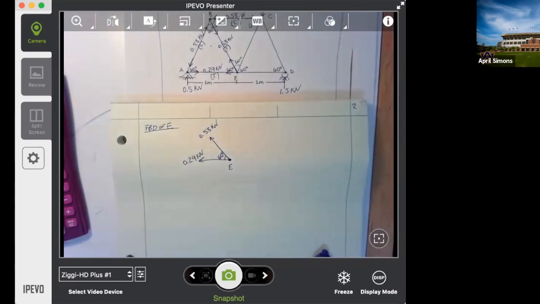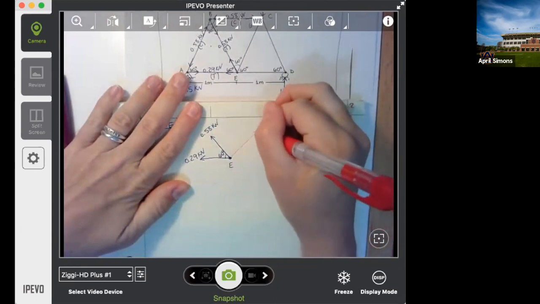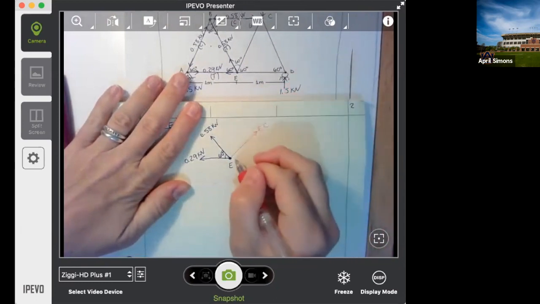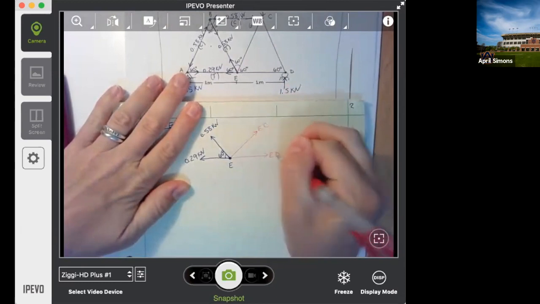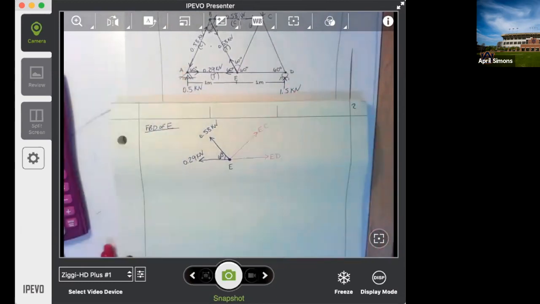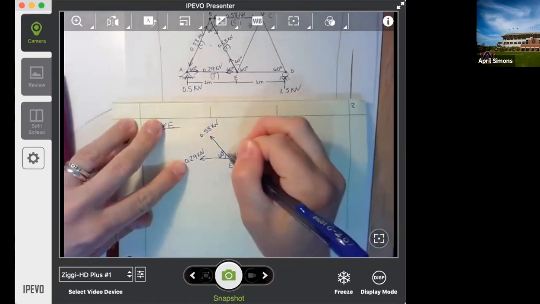So then our 2 unknowns are EC and ED, so we'll show both of those in tension. So EC and ED. And we know that these angles are also 60 degrees.